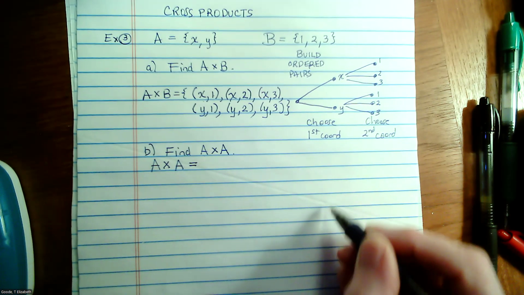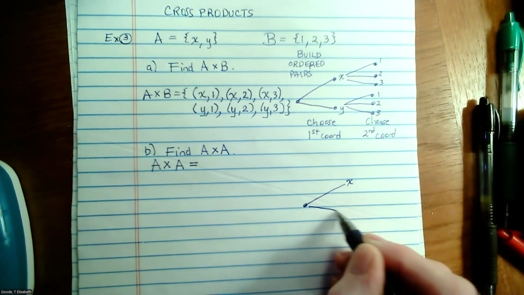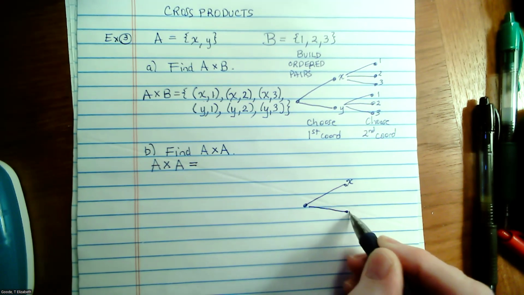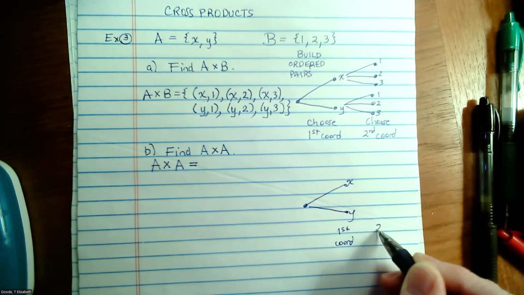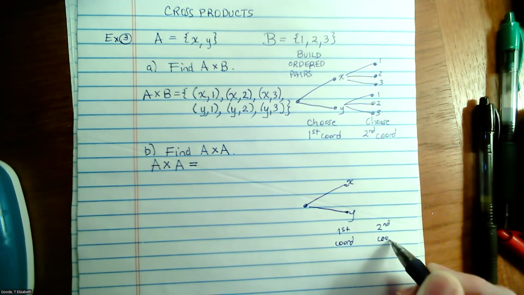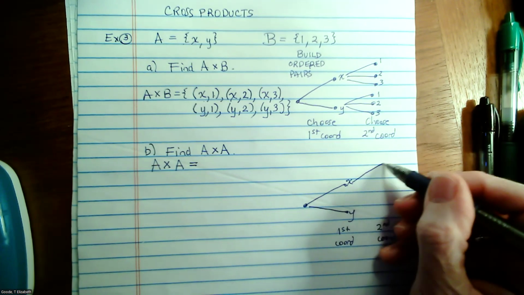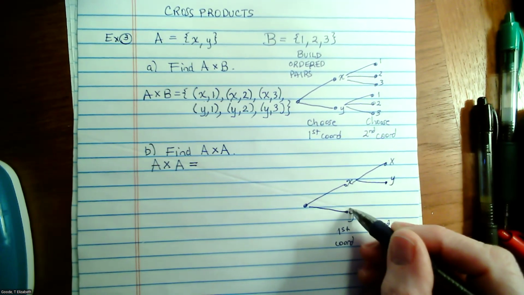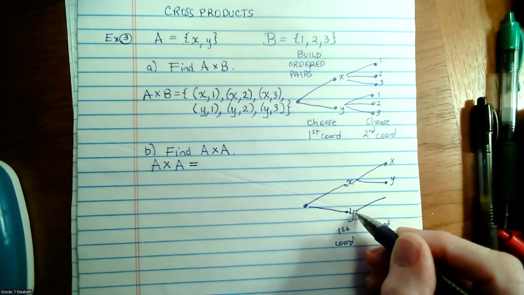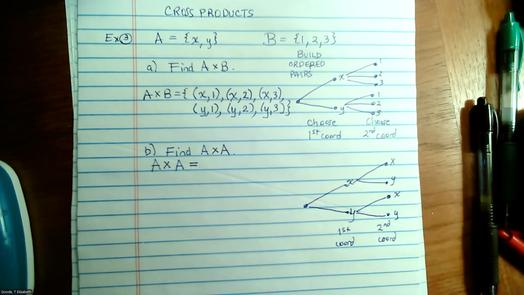There's 3. Let's see. We can have X or Y for the first coordinate, right? And then we're going to choose the second coordinate, but it's got to come from this set A as well. So it could be an X or a Y if we have X for the first coordinate, or it could be an X or a Y if we have Y for the first coordinate.